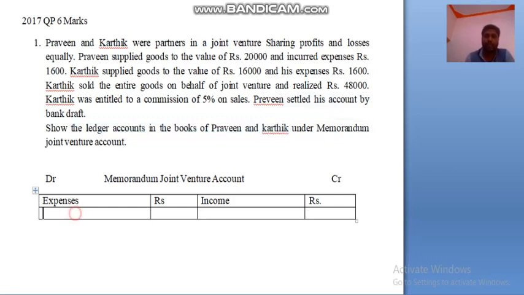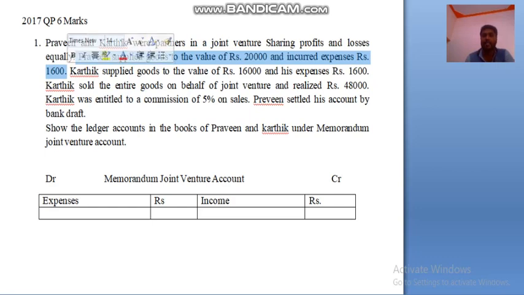So let's treat the transactions one by one. The first transaction is Praveen supplied goods of rupees 20,000 and incurred expenses of rupees 1,600. So the total is 20,000 plus 1,600, that is 21,600. And who paid these expenses? Praveen, and not the joint bank.